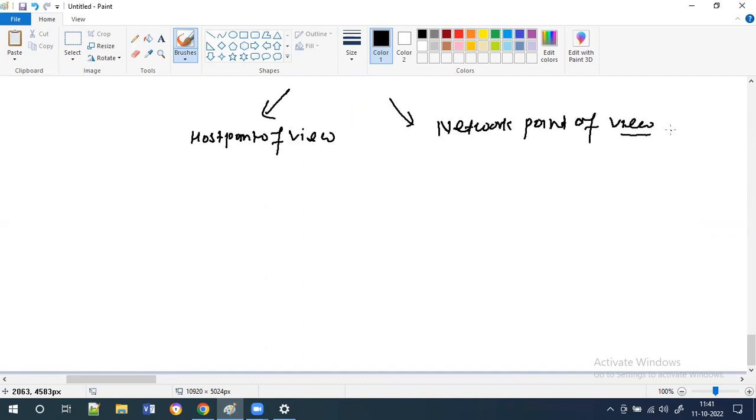Until now, whenever we have done subnetting, we counted the number of hosts. That is subnetting from the host point of view. Subnetting from the network point of view is very simple actually, with only a small difference. After that, it's almost equal to the host point of view. So let's come to the next one: subnetting from the network point of view.